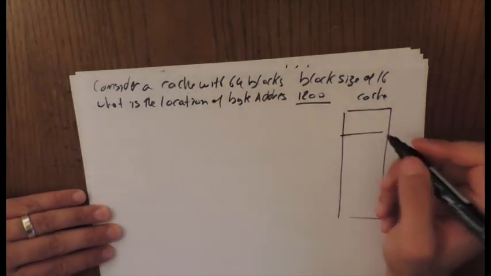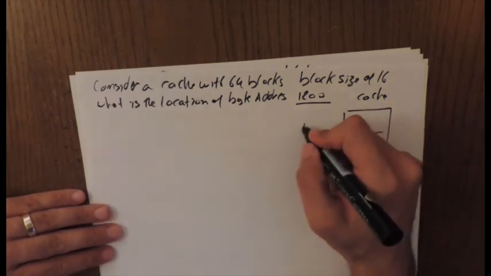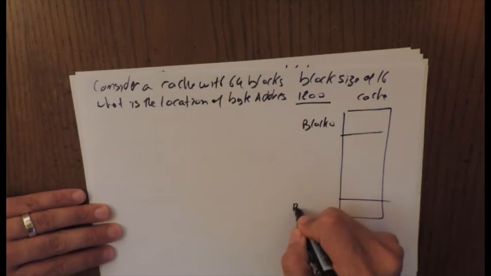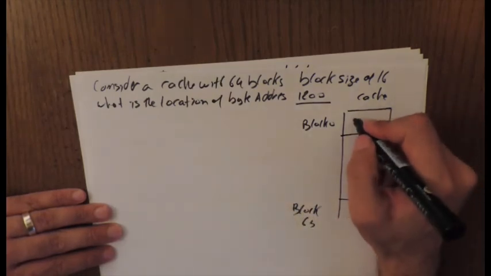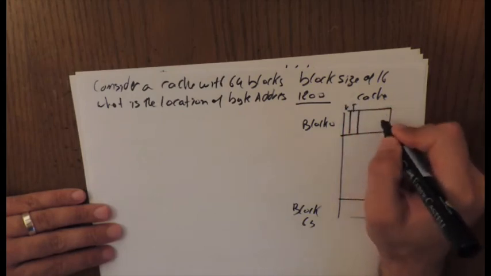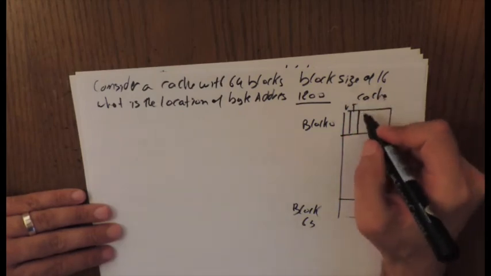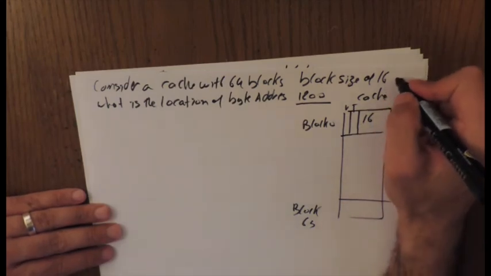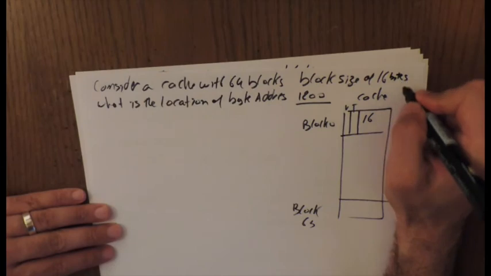It has 64 blocks, so this is block 0 till block 63, and each block has, of course, a valid bit, a tag, and 16 bytes. Let me write the bytes here.